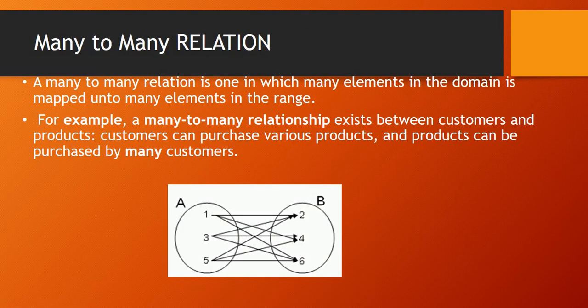Many-to-many relation. A many-to-many relation is one in which many elements in the domain are mapped onto many elements in the range. For example, a many-to-many relation exists between customers and products. Customers can purchase various products, and products can be purchased by many customers.